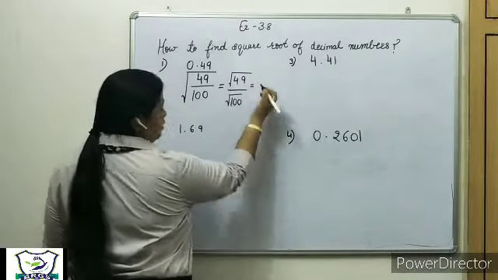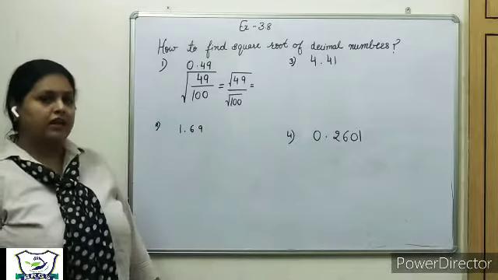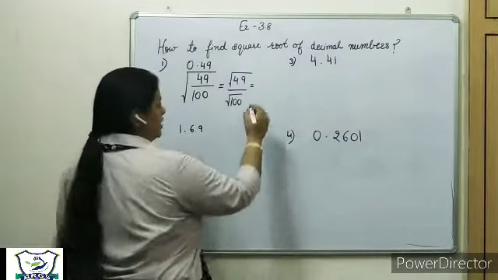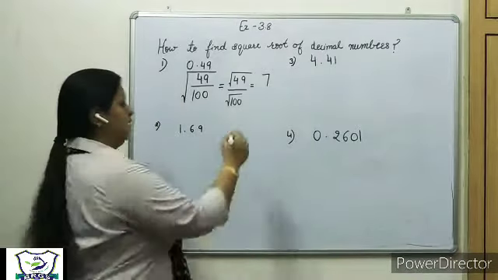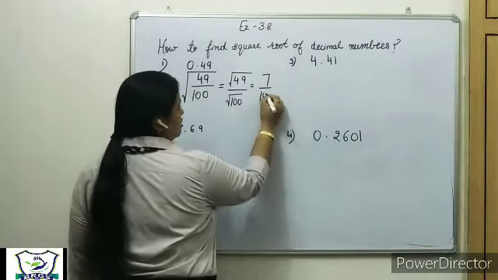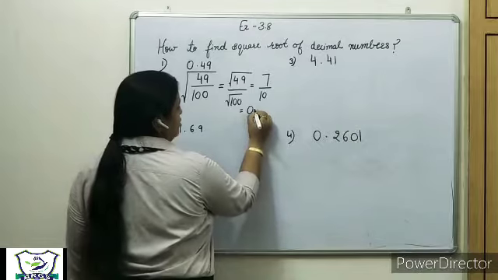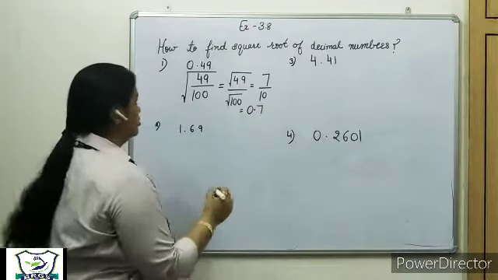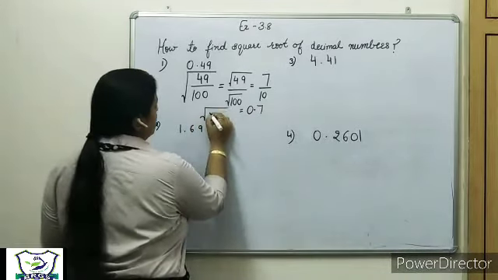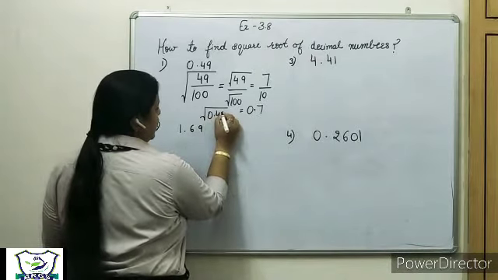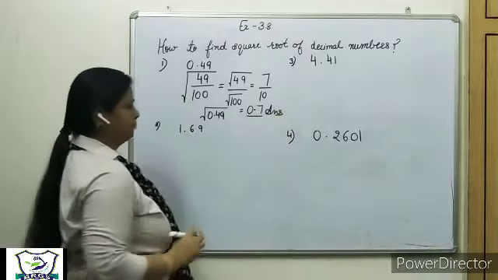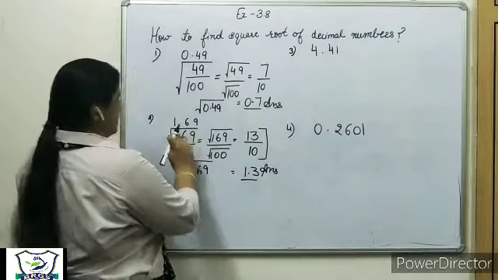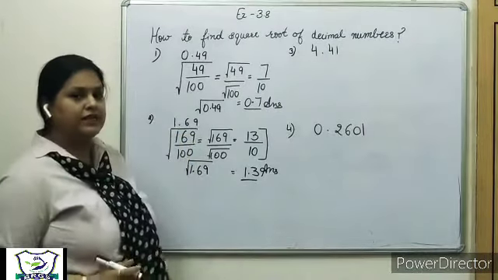We already know the square root of 49 is 7, and the square root of 100 is 10. So your answer is 0.7. So the square root of 0.49 is 0.7. Correct?